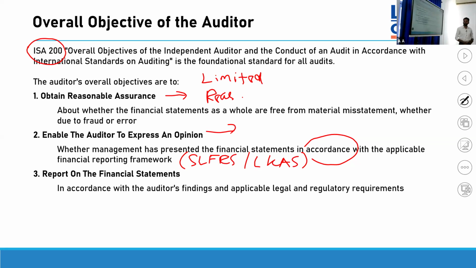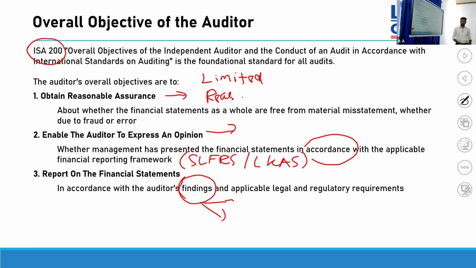Finally, report on the financial statements, which means once we complete our audit, we must communicate the findings. Findings can be control weaknesses, or there may be some material misstatements also.